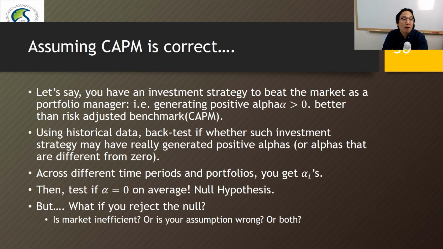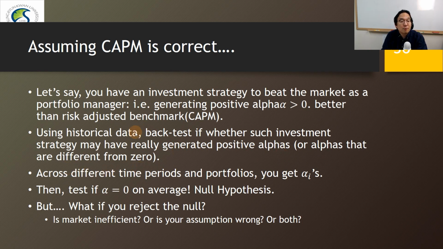That's our prediction. Assuming CAPM is correct, let's say you have an investment strategy to beat the market as a portfolio manager, i.e. generating positive alpha. Alpha better than the risk-adjusted benchmark, CAPM. Using historical data, backtest whether such an investment strategy may have really generated positive alphas, or alphas that are different from 0.